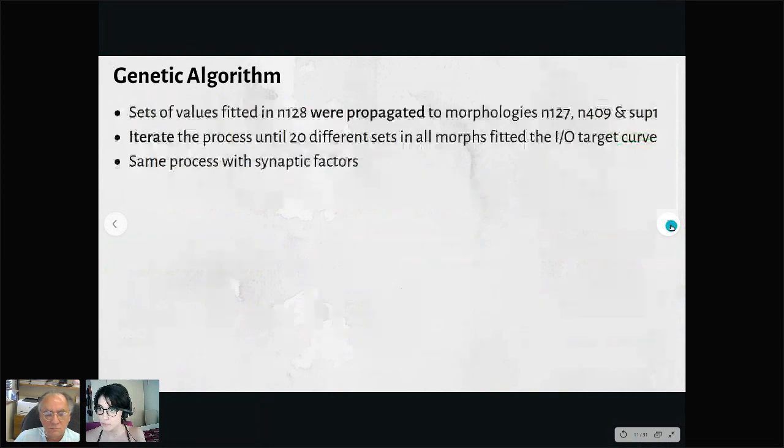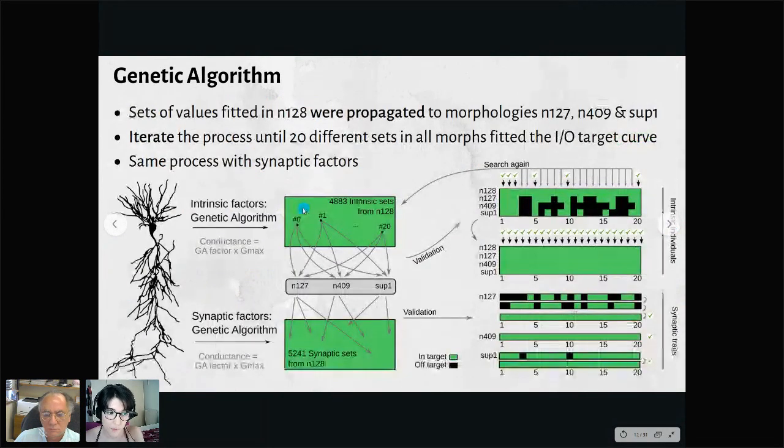So instead of that, we did the following. We took 20 random intrinsic sets from the fitted pool from the first morphology, and we propagated them into the other 3 morphologies and evaluated them with the same intrinsic target function.